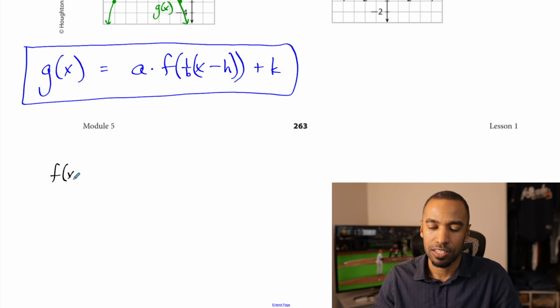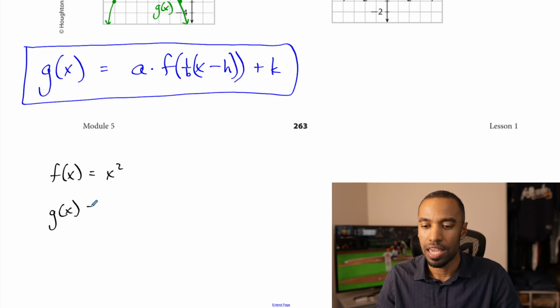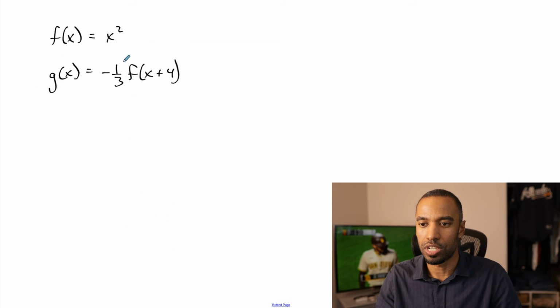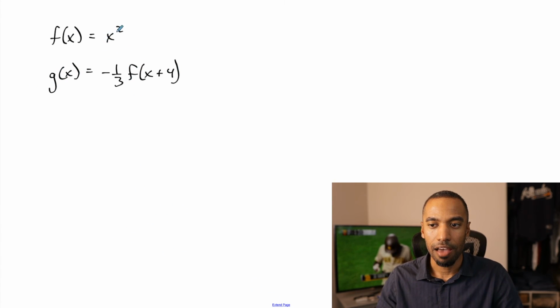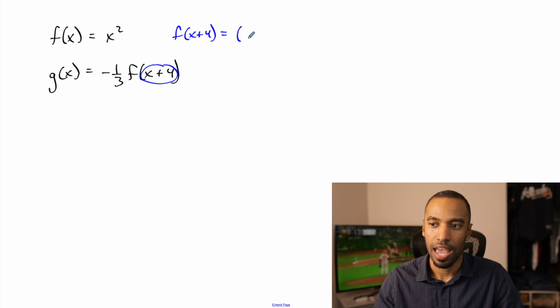If f of x is x squared, and if g of x is negative 1/3 times f of x plus 4, what we're going to do for g of x is take f of x being x squared, and put x plus 4 in place of it for this g of x. So f of x plus 4 is x plus 4 quantity squared, like that.